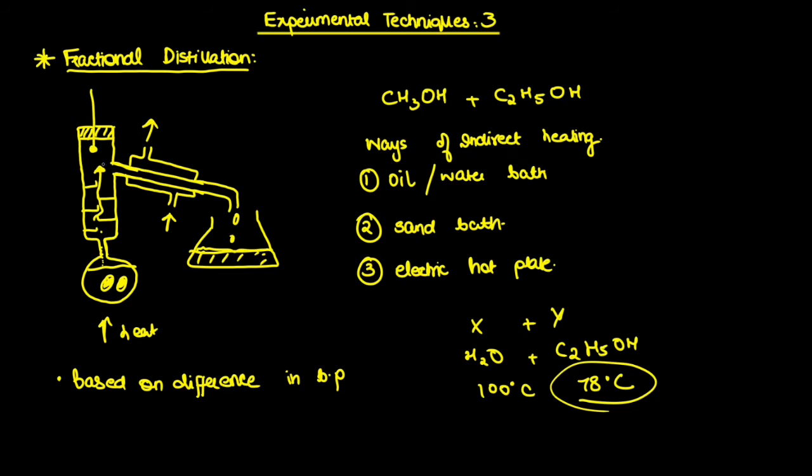So this reaches here, and then it reaches the Liebig condenser, where it is condensed and is collected in a conical flask. Now what I'll do is that I'll remove this conical flask once the temperature on the thermometer starts to rise again from 78 degrees Celsius towards 100 degrees Celsius, and I'll put another conical flask so that water could be collected.